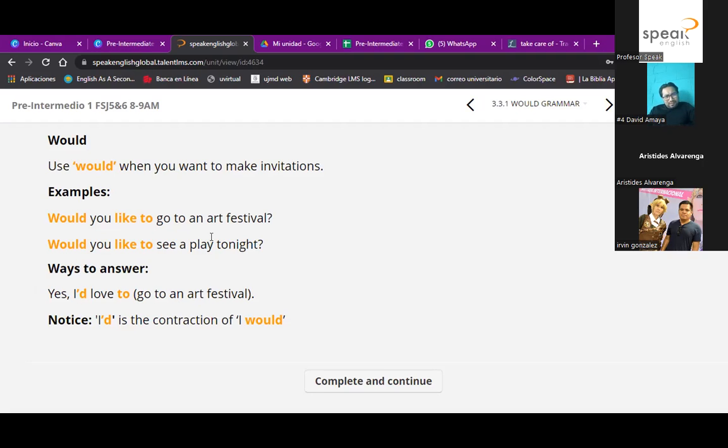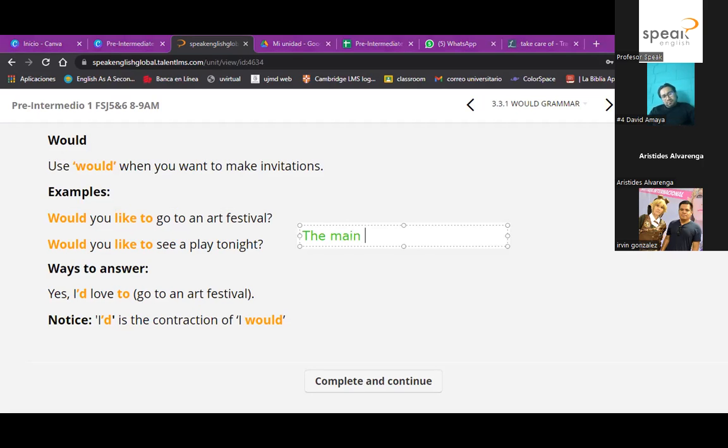Something important, guys, that you need to know is that when we use modal verbs, it can be would, could, should, can, the main verb goes in the base form. Would you like? Would you love? Could you borrow? Could you tell? The main verb of the sentence, let me put it over here so that you can take note.